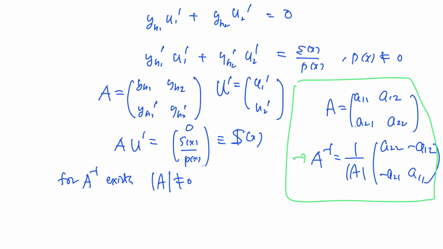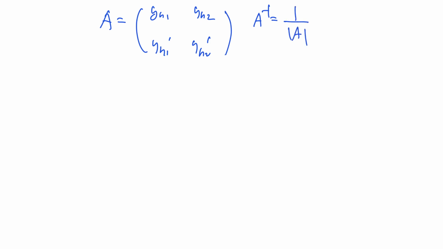So using this, A is yh1, yh2, yh1 prime, yh2 prime. The inverse matrix is 1 over determinant A, times yh2 prime, minus yh2, minus yh1 prime, yh1.